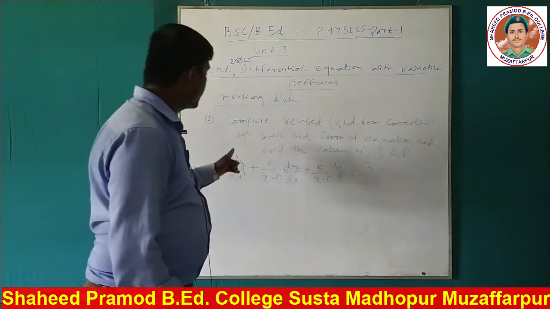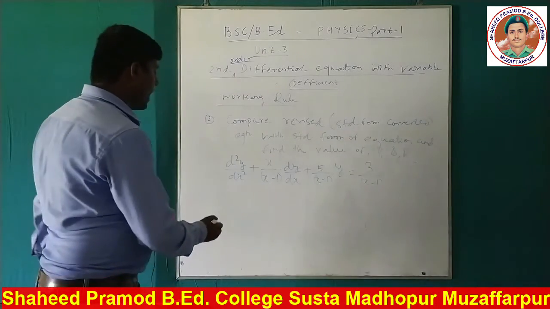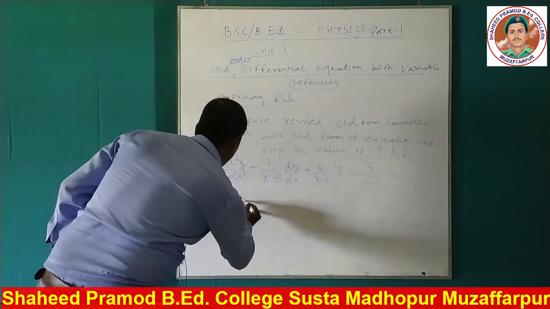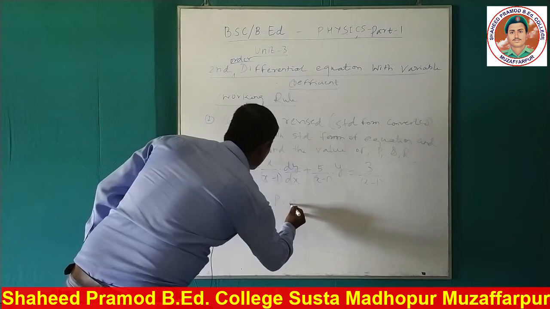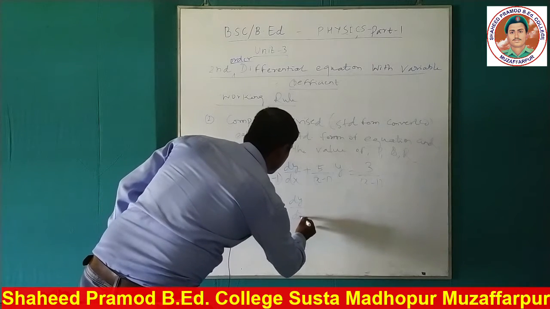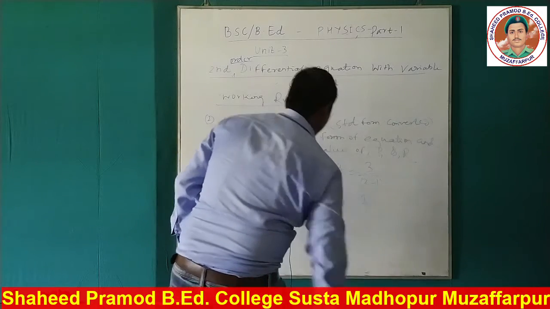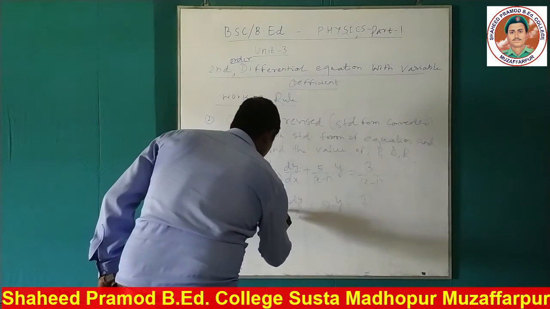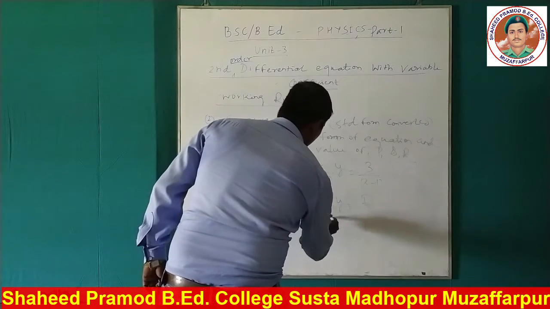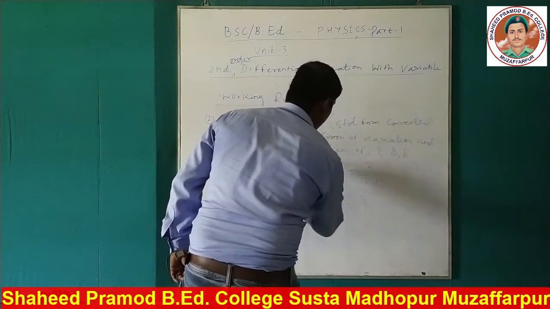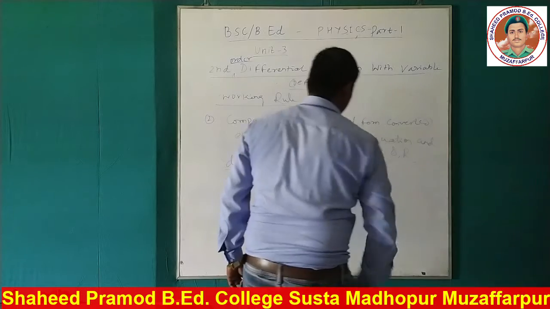Suppose this is the revised equation which was converted into standard form, so you have to compare with d square y upon dx square plus p into dy upon dx plus q into y is equal to r. So what will be the value of p? This will be x minus 1. What will be the value of q? This is 5 upon x minus 1. And what is the value of r? This is 3 upon x minus 1.